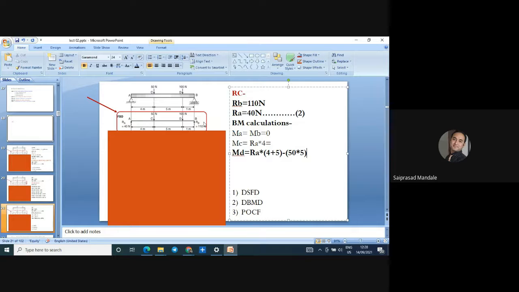You know the value of RA, so you can calculate the moment at D. We have calculated the moment at A, moment at B, that is 0, and formed the equations for moment at C and D. So from that we can calculate the answer.